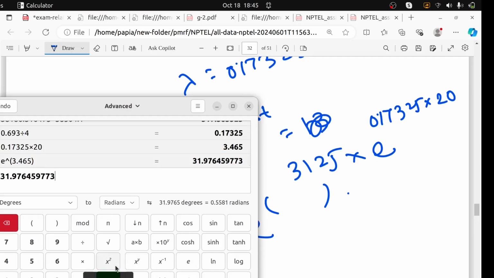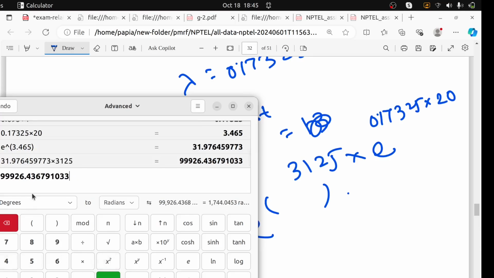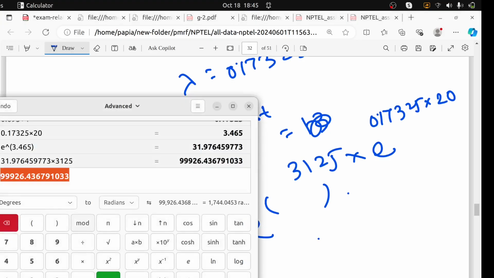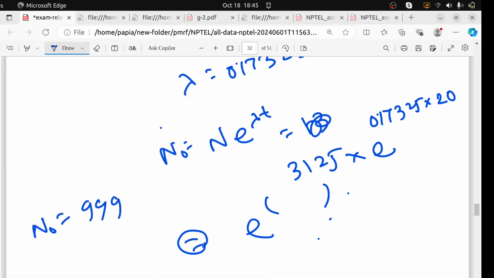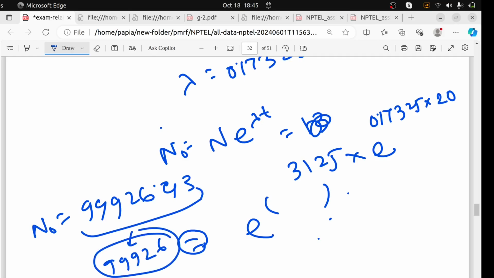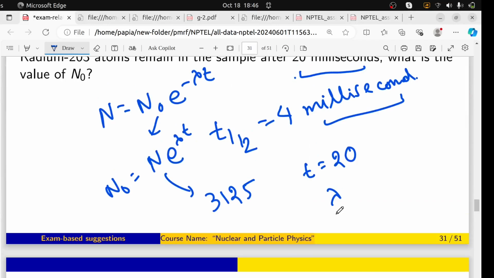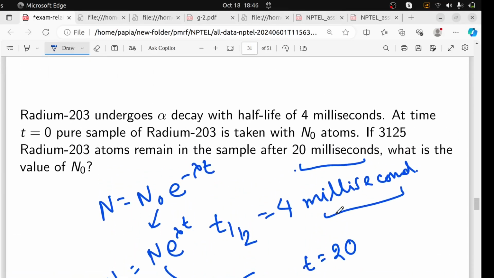I think this is the correct way to write e to the power in this calculator, but just make sure that it is the correct one, and then multiply by 3125. So N0 is of the order of 99926.43. But N0 should be an integer, so 99926 only. But please make sure that this e to the power is the actual one, whatever I was writing here. This is just a simple calculator thing. But the expression for this radioactive question is only N equals N0 e to the power minus lambda t. That's it.